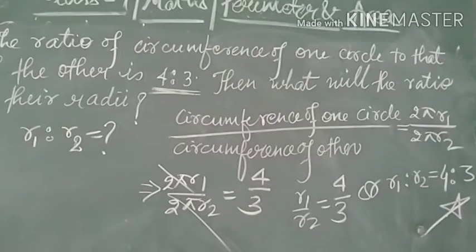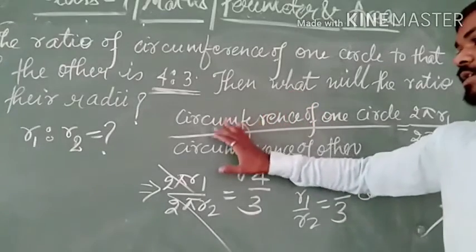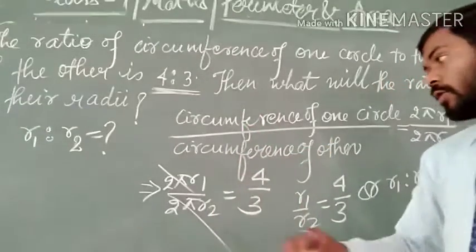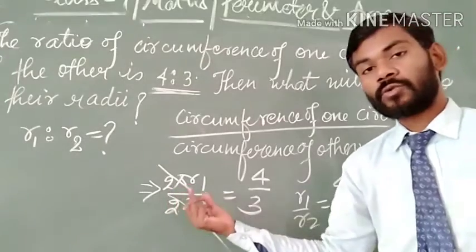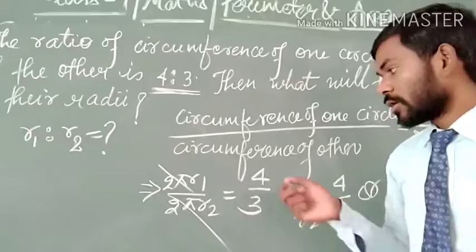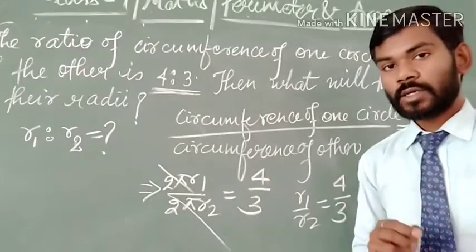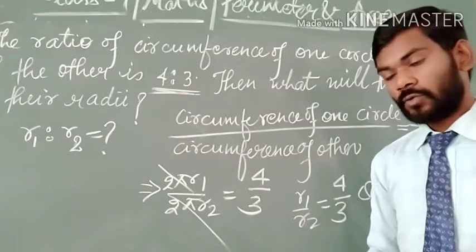So students, I hope the solution is clear to everyone. Since the ratio between the circumferences of the circles is given, and we know the circumference is 2 pi r, we consider the radius of the first circle as r1 and the other as r2.